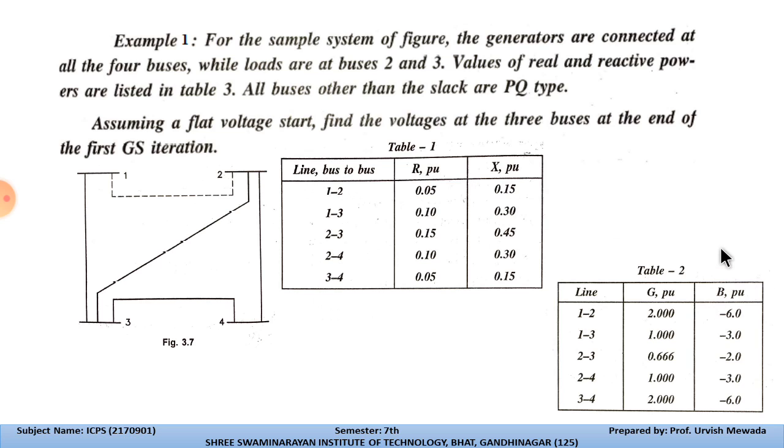And in table number 2, you can see that for each line we have the conductance and the susceptance given. It is 2.000 as the G per unit, and B is minus 6.0. For the other lines, that is 1 to 2, 1 to 3, 2 to 3, 2 to 4, and 3 to 4, the data is given.